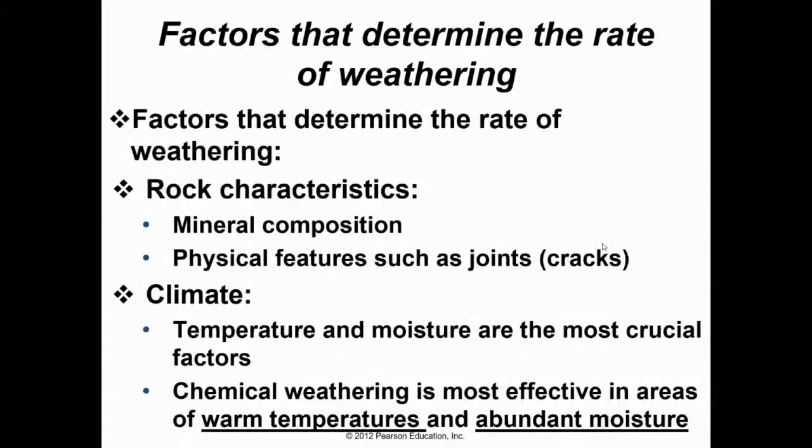On the flip side, it is cold, dry environments that are the most resistant to weathering. So places like deserts and Arctic regions, not a lot of weathering happens in those locations, honestly. And that is due to the dry and cold temperatures.